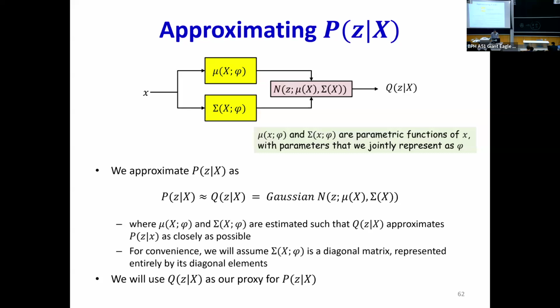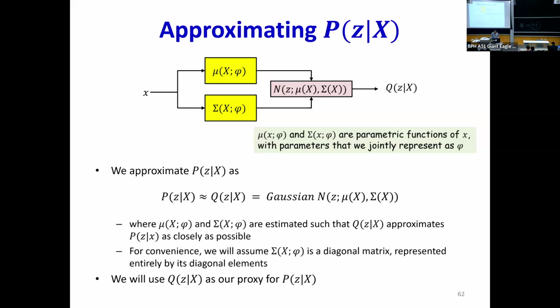And we want to compute mu and sigma such that the average KL divergence between this Gaussian and the standard Gaussian over all training instances is as close to zero, as small as possible, right?